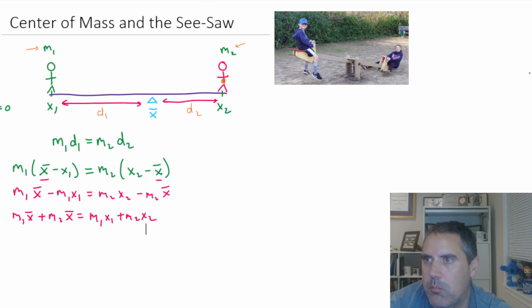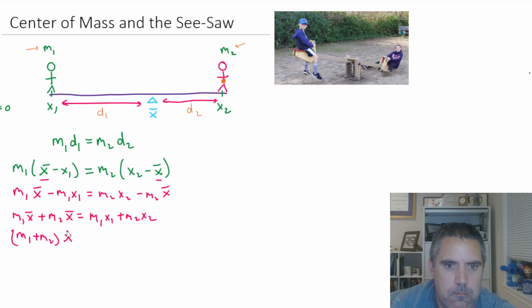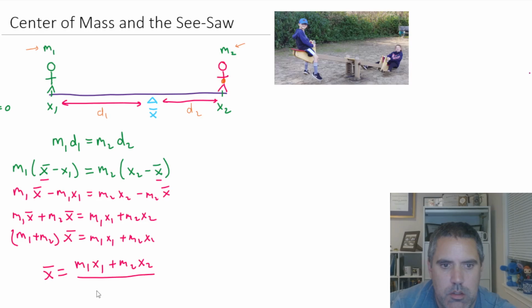I take a quick peek at my screen to make sure I'm not leaving something off. Then you can factor, which is the key step. And so you get x bar is m1 x1 plus m2 x2 over m1 plus m2.